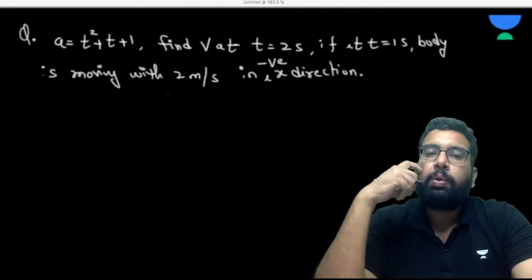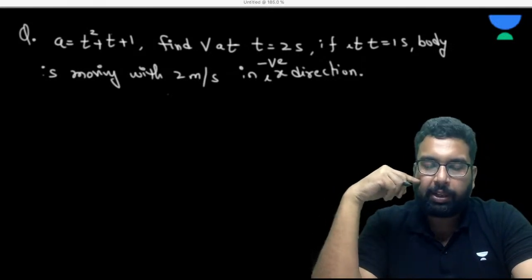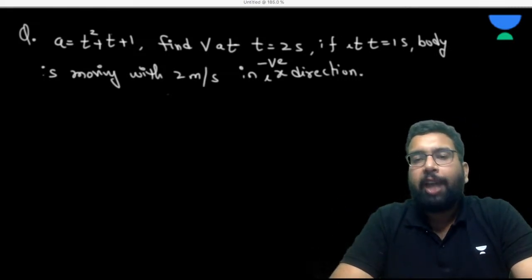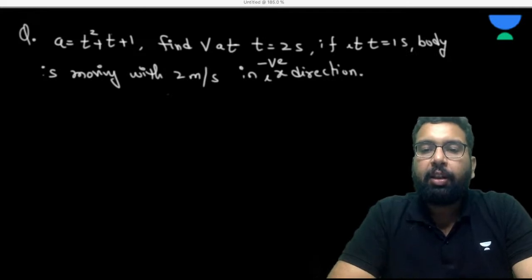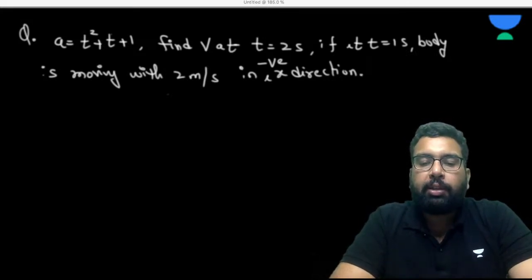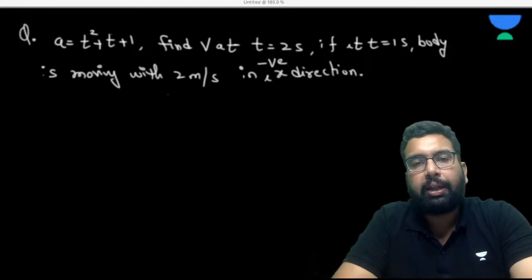So how do we do this? We have the acceleration here and we want to move to the velocity. I hope this much is understood: if from acceleration we want the velocity, for that we need to integrate.